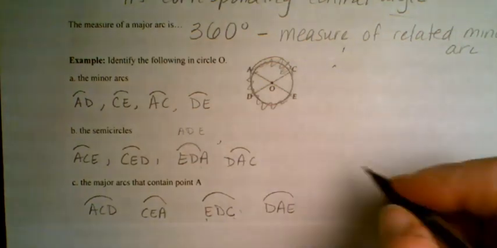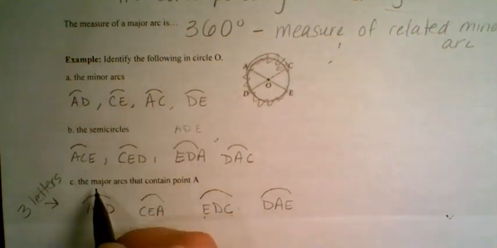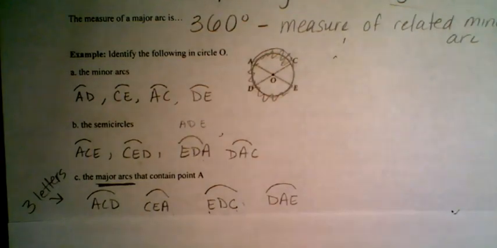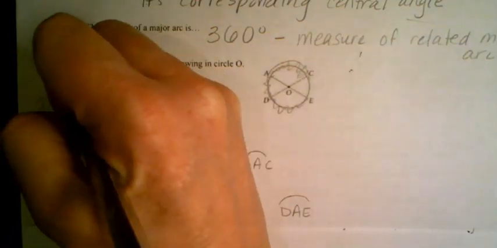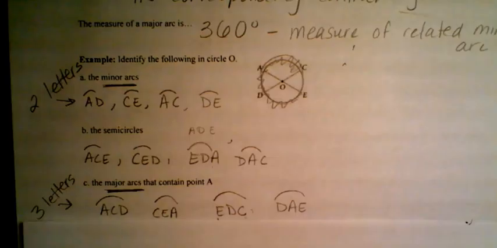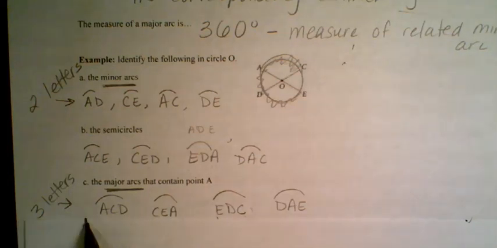Note that 3 letters are always used to name major arcs, and 2 letters are used to name minor arcs. The 2 letters are the endpoints of the arc, and they can be written in any order. So we can do ACD or we can do DCA.